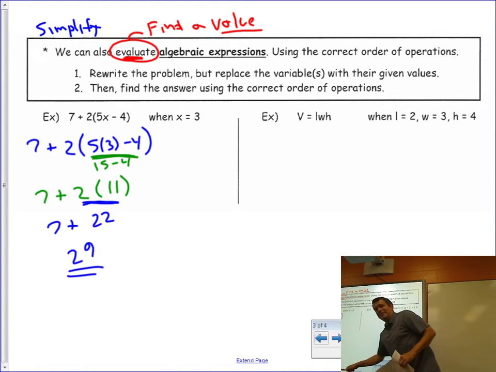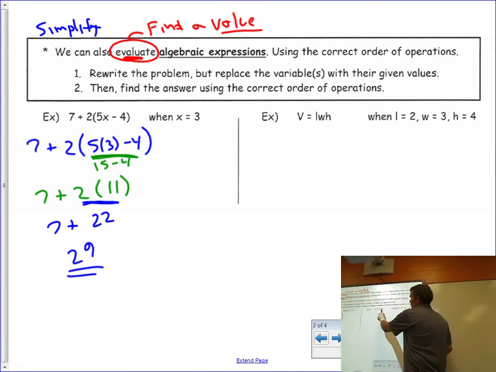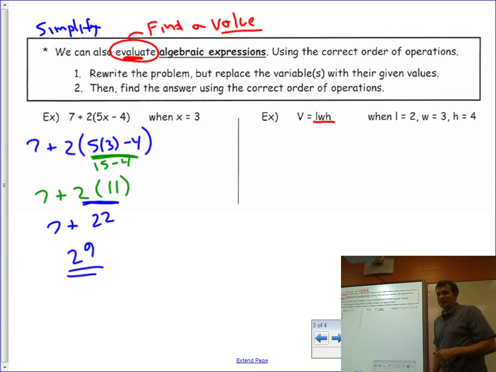In this other one, you might recognize this formula as the formula for the volume of a box, length times width times height. And I've been given values for W and H. So again, my first step is to rewrite the problem, but replace the variables. So when the variables are next to each other, it means they're being multiplied together.